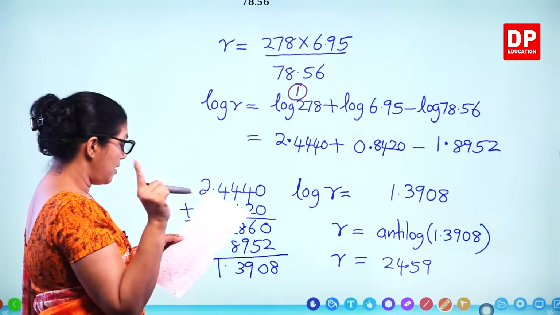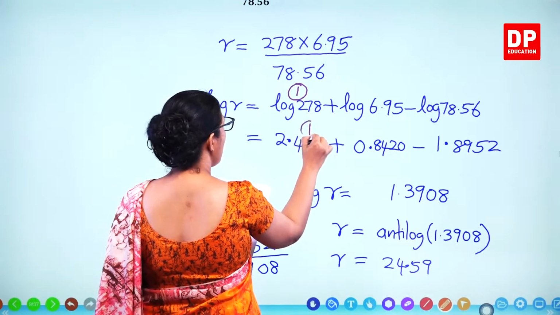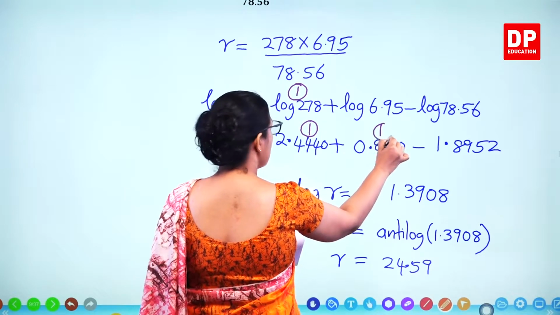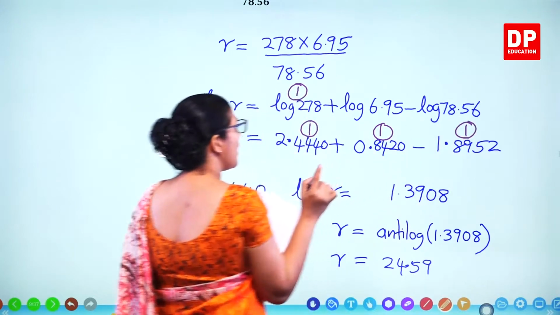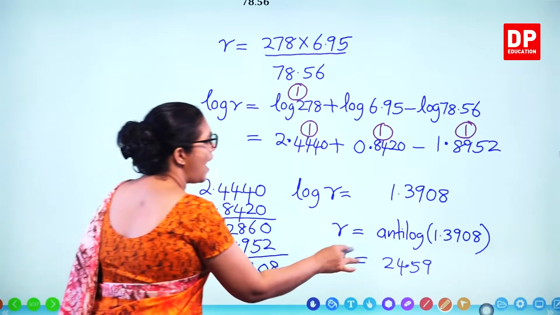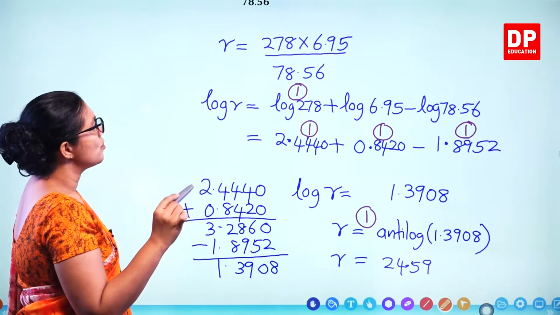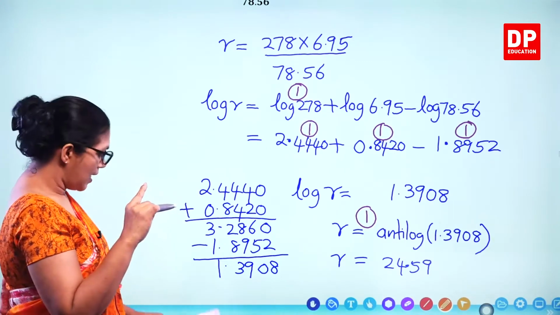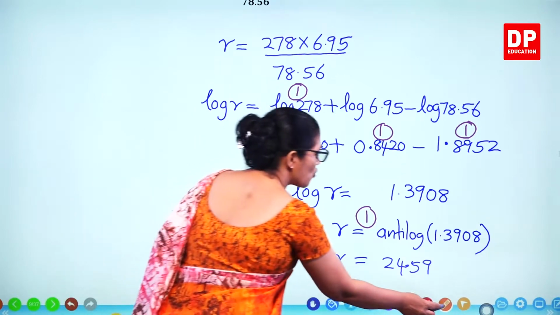And then proper values, 2.440, 8420 and 895. Those 3 values, 3, 4, and then for the antilog value, 1 mark. So 1, 2, 3, 4, 5. Earlier we gave 3 and 2, that's 5. This 5, 10 marks altogether.